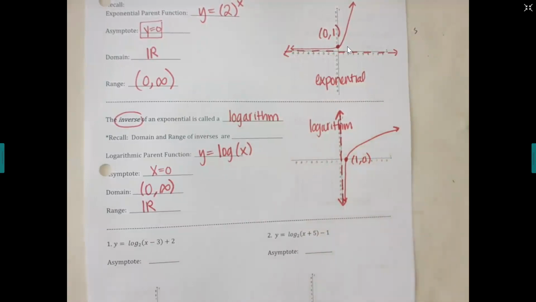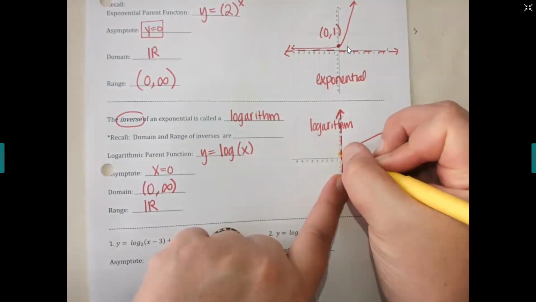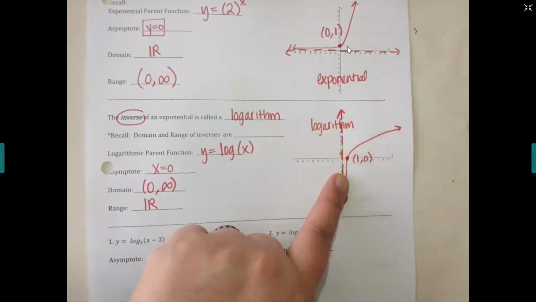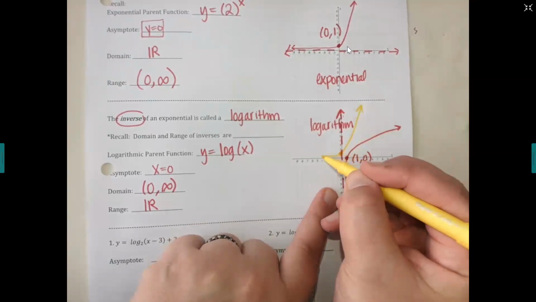The other thing you should remember from the unit we did on inverses is that they were always like a reflection across the diagonal. So if I were to take my exponential graph and put it on top here, go to 0, 1, you don't have to do this, you can just watch. Then I go this way and then this way.